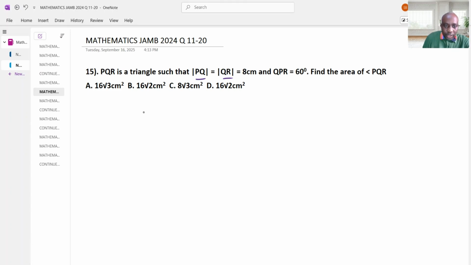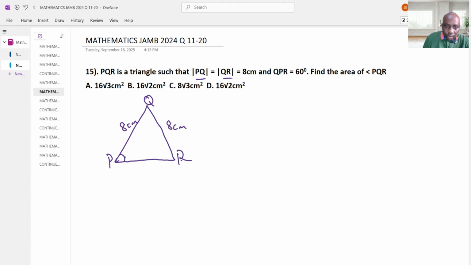Now let's draw it out like this. This is the triangle. This is the center, which is Q, this is P, and this is R. For PQ and QR, I have equal sides, 8 centimeters, 8 centimeters. And the question says that angle QPR equals 60 degrees.